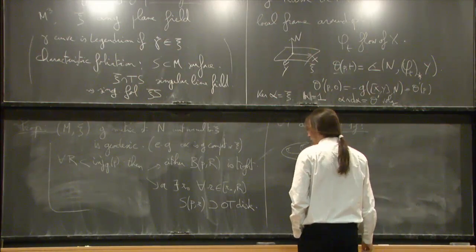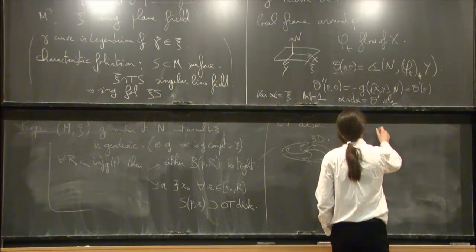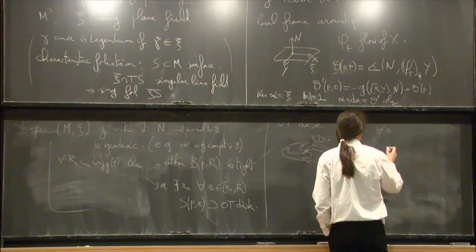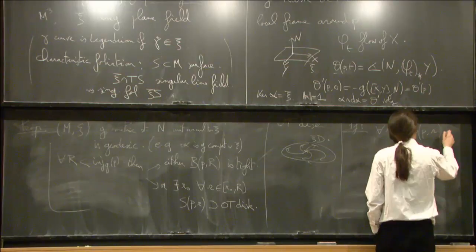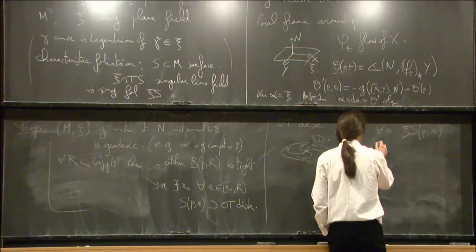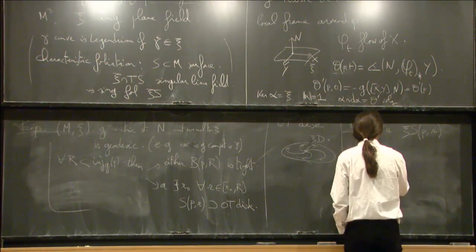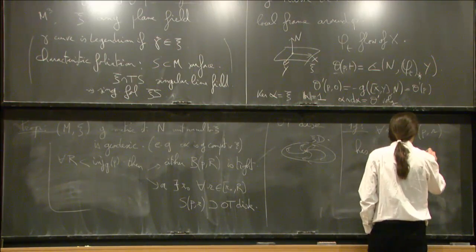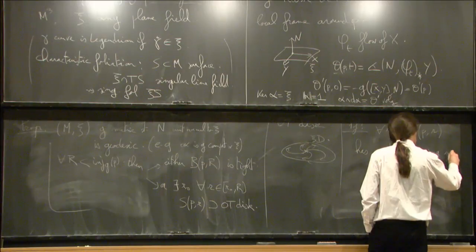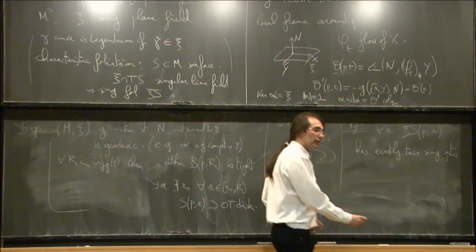Well, the first observation is that for any radius, the characteristic foliation on the sphere has exactly two singular points. So what is that?